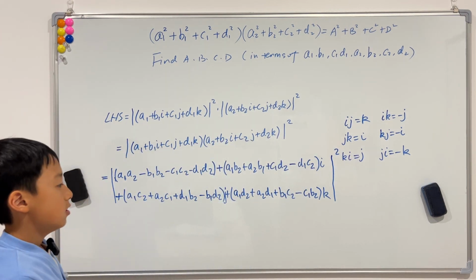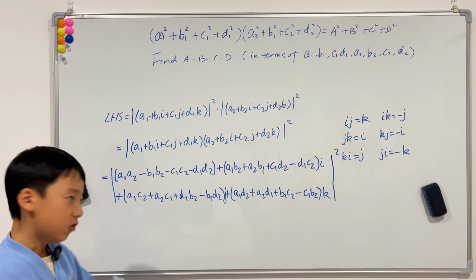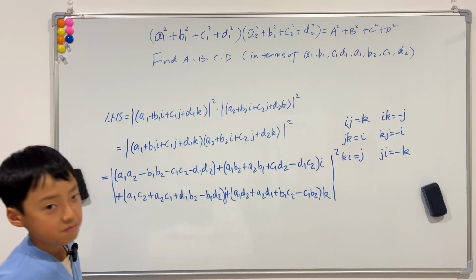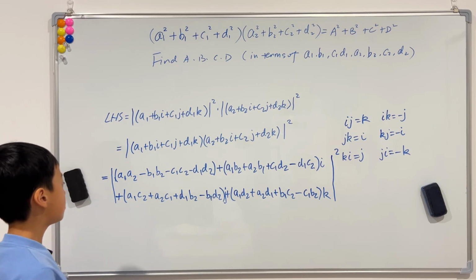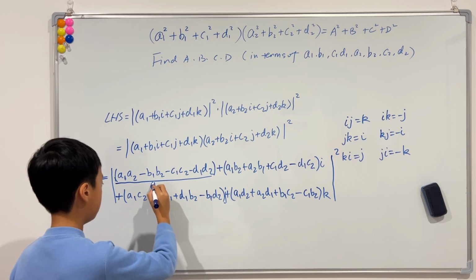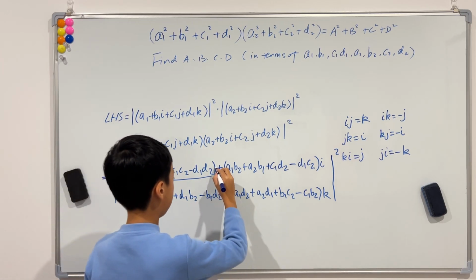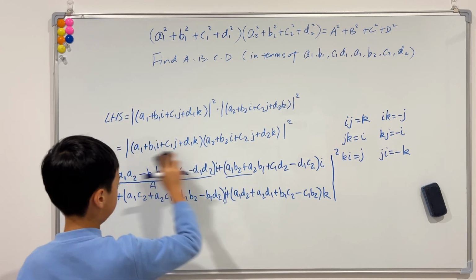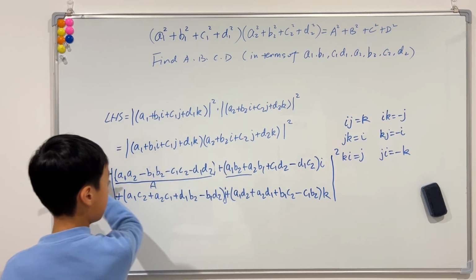Okay, so I will not write that this is equal to this squared plus this squared plus this squared plus this squared, because I don't want to. So I'm just going to tell you guys that this is equal to A. I forgot the I here as well. No, this is real. Sorry.